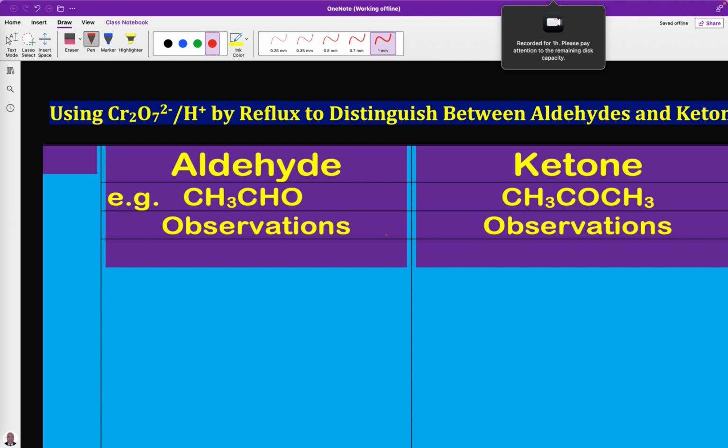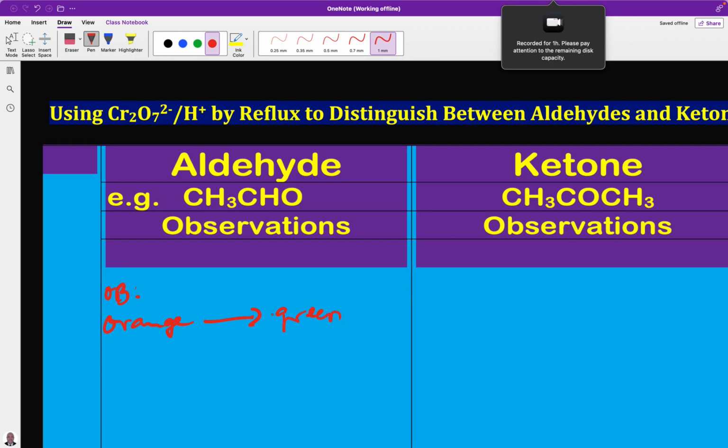Heating these two compounds, aldehyde and acetone, under reflux, what you will observe with ethanol is that the color of the solution will change from orange to green. The color will be from orange to green.